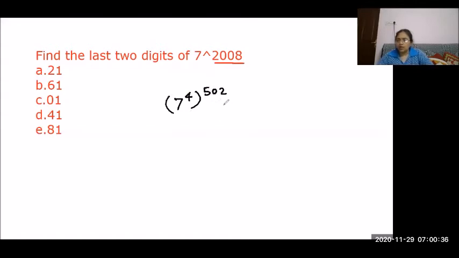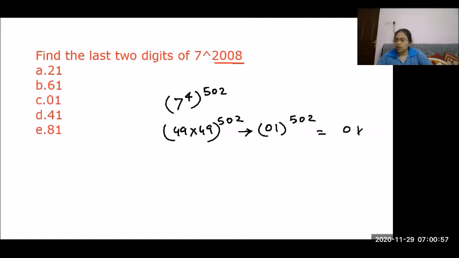So you can split in this manner: 7 to the power 4 is nothing but 7 squared into 7 squared, that is 49 into 49, to the power 502. 49 is nothing but 0, 1, because 50 minus 49 is 1. 1 into 1 is 1 only. So 01 to the power 502. So your answer is 01 as the last two digits. Out of these options, 01 is the correct option for the last two digits of 7 to the power 2008.